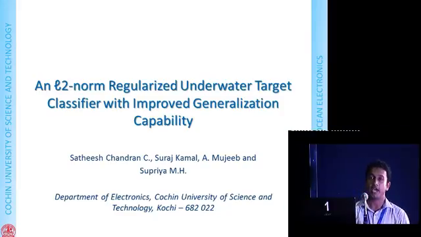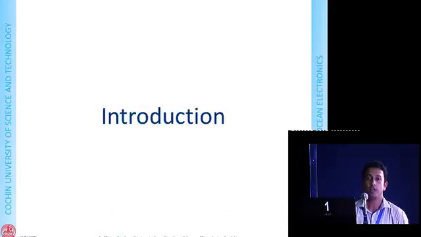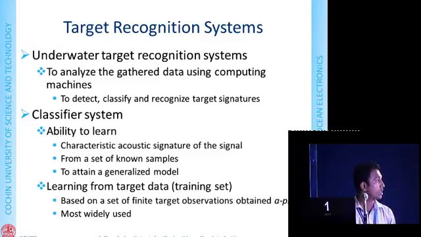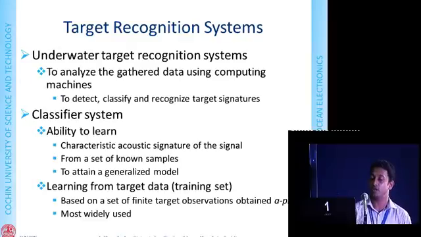A classifier system should have the ability to learn the characteristic acoustic signature of the signal from a set of known samples for the purpose of attaining a generalized model. The most widely used classifier is the supervised one, which is based on a set of finite target observations obtained a priori.